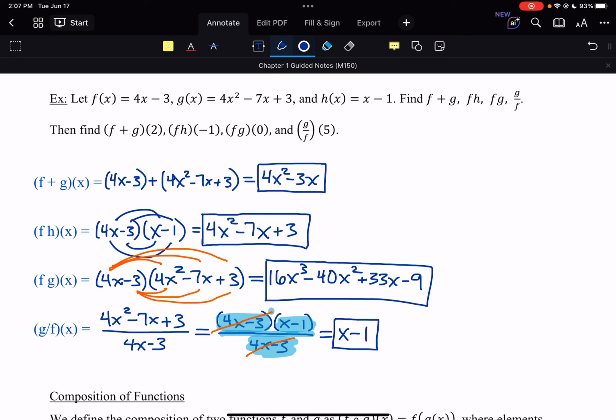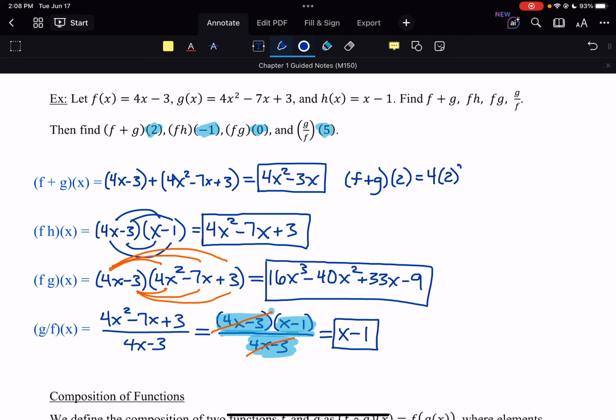Now for part 2, it's asking us to evaluate all of these for specific numbers. So we're going to have f plus g of 2.